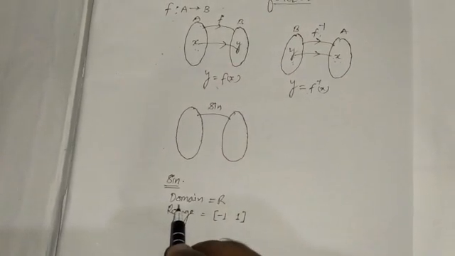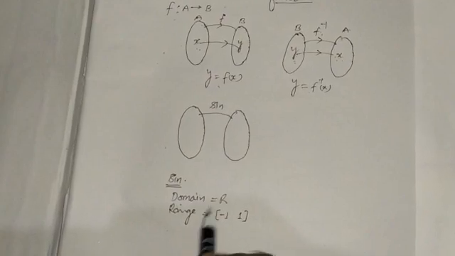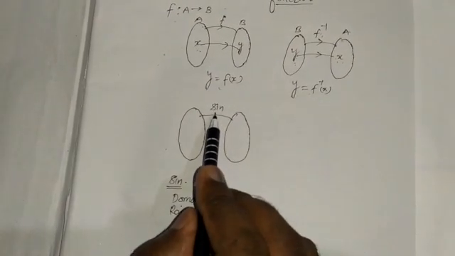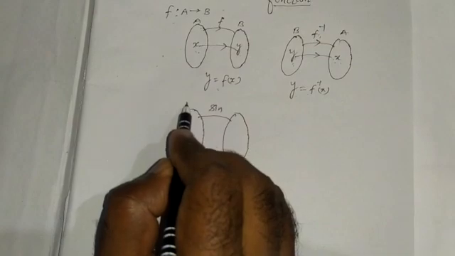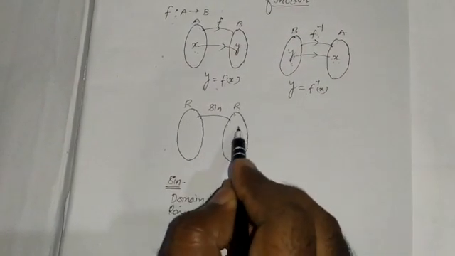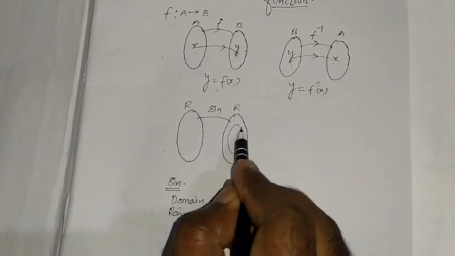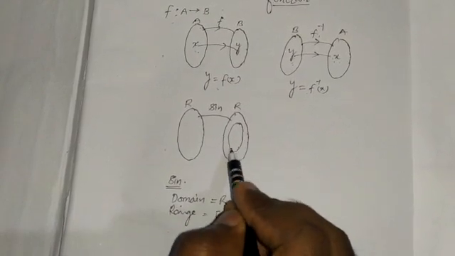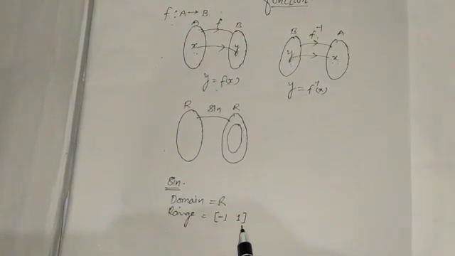This is the domain and this is the range. Here consider the sine function. Here this is the set of real numbers, and on the other side, this is the range of the sine function, meaning the closed interval -1 to 1.